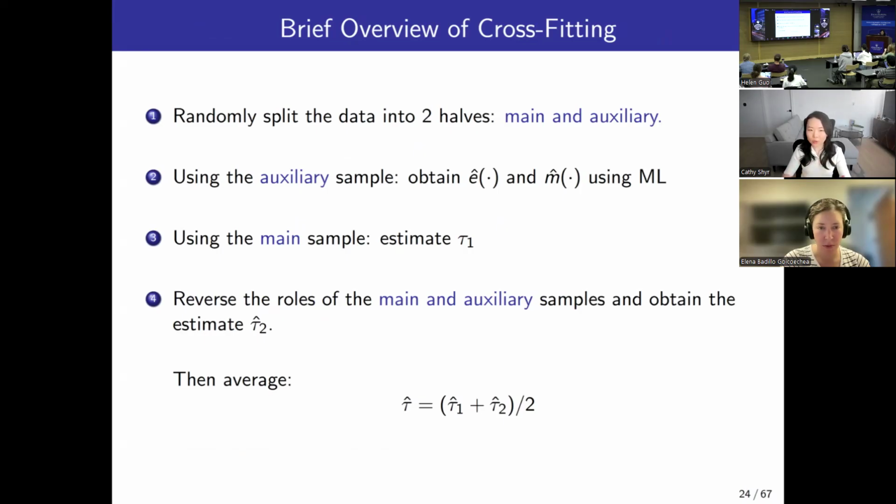In step 2, we use the auxiliary sample to obtain estimators for the nuisance functions using any off-the-shelf machine learning approach. In step 3, we use the main sample to estimate tau hat 1. In step 4, we reverse the roles of these two samples and obtain the estimator tau hat 2. The last step is to take the average.